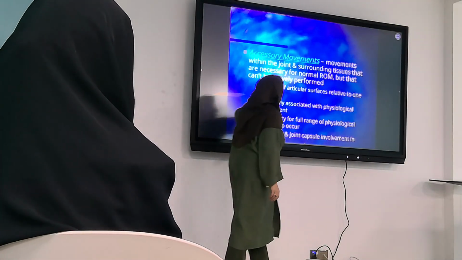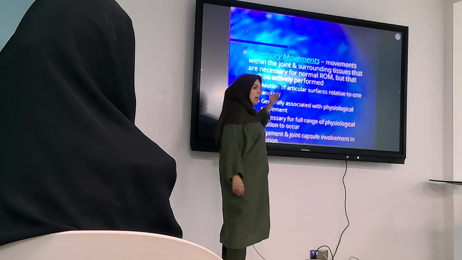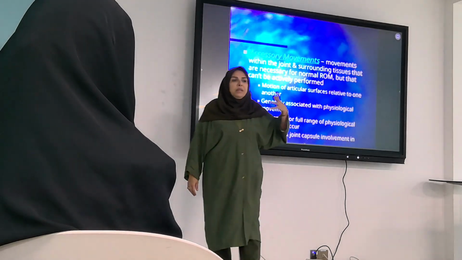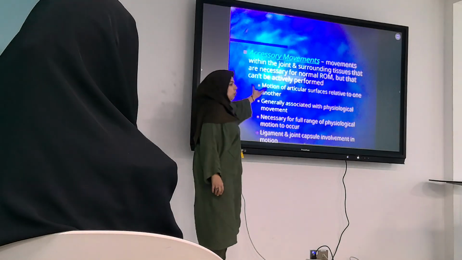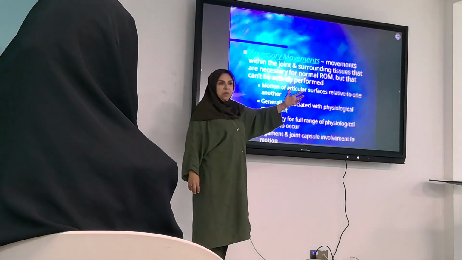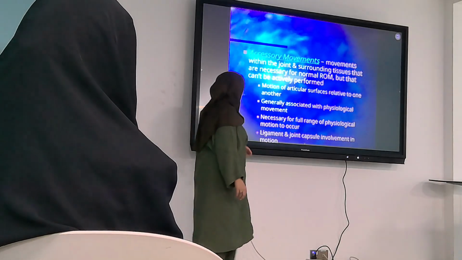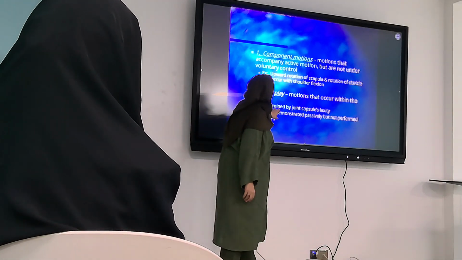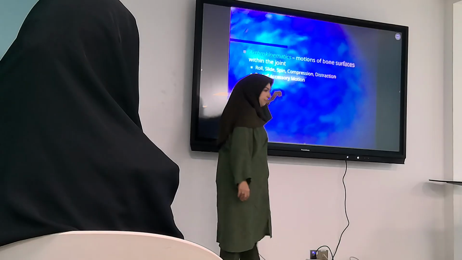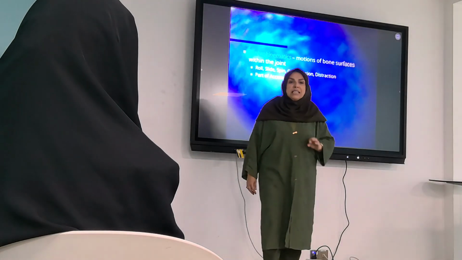In contrast to osteokinematics, we have another type of movements that is known as arthrokinematics or sometimes accessory movements. All of them are synonyms. Accessory movement, joint plane movements, arthrokinematics, all of them have a similar meaning. And what is the meaning of arthrokinematics?